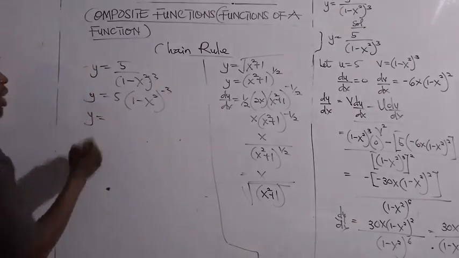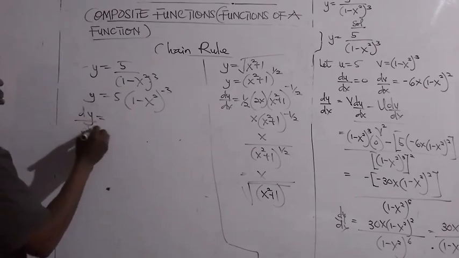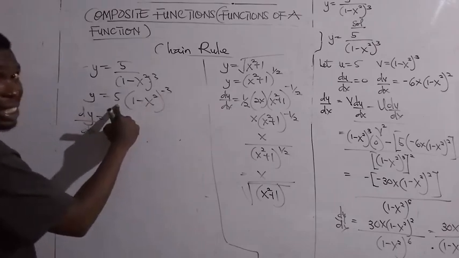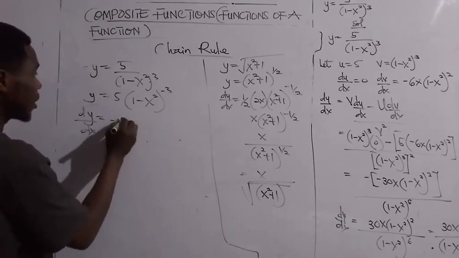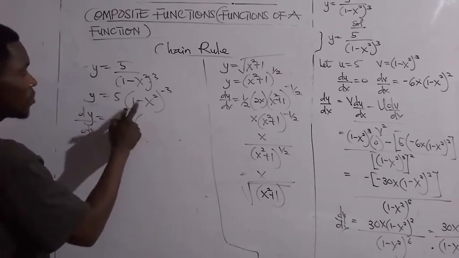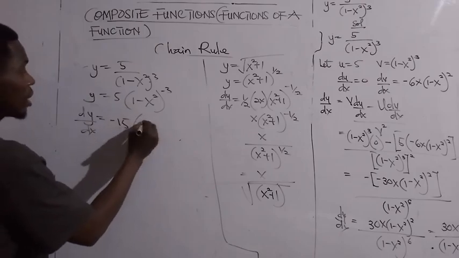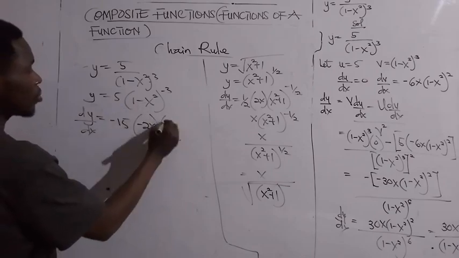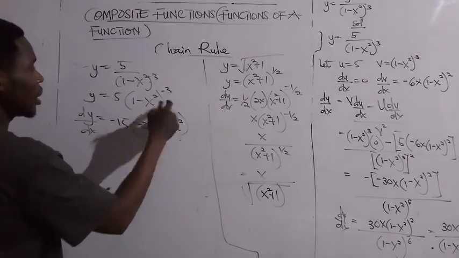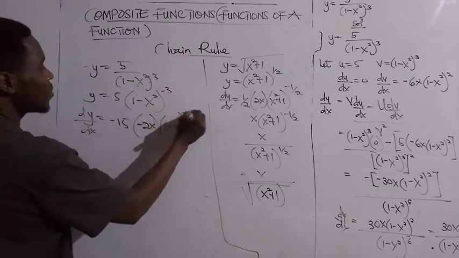So our dy over dx will now be equal to this coming down and multiplying this. We have negative 15. You differentiate this, you have negative 2x. You repeat what we have, (1 minus x squared), subtract 1 from the exponent, you have negative 4.